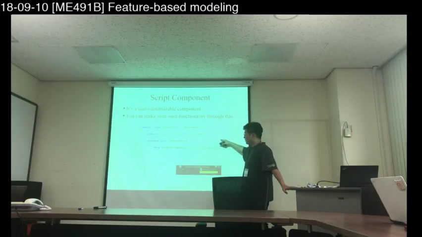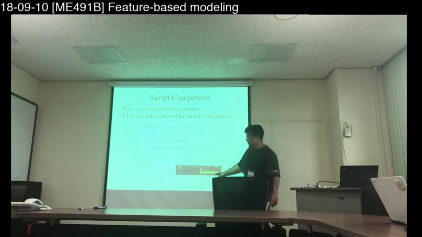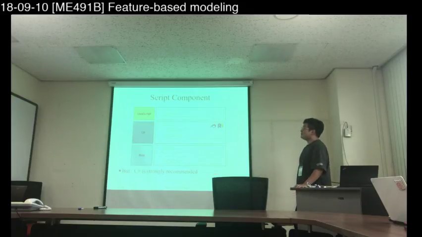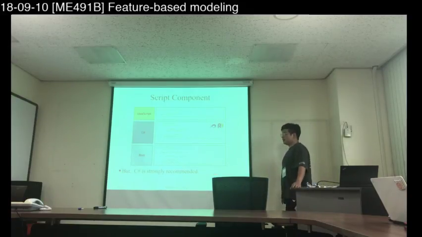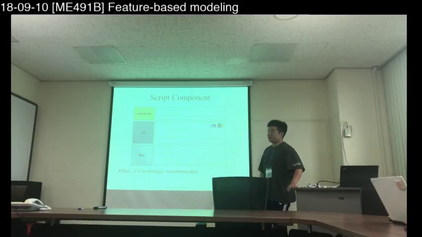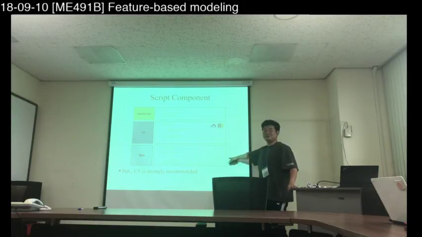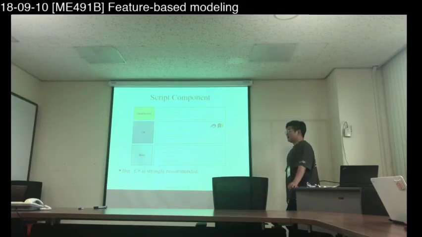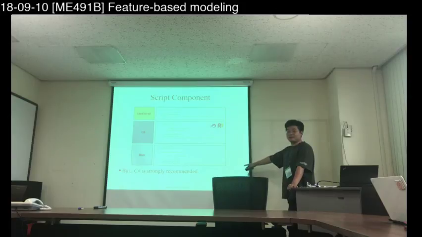This code can be translated into Unity like this. This is color green, this is green, not yellow. Unity supports three kinds of programming languages: JavaScript, C#, and Boo. Do you know Boo? Today in the tutorial, I strongly recommend using C#.